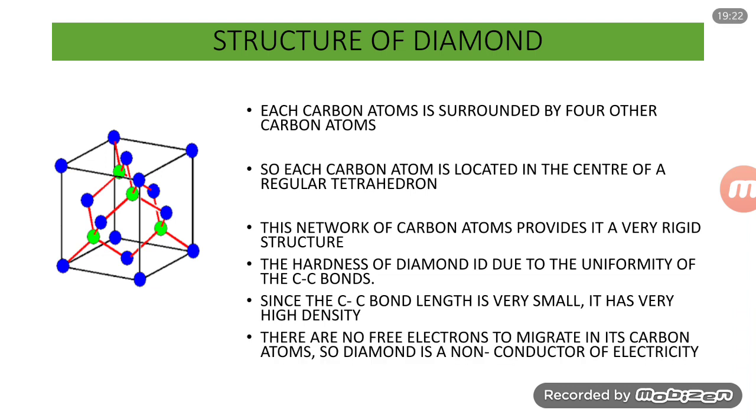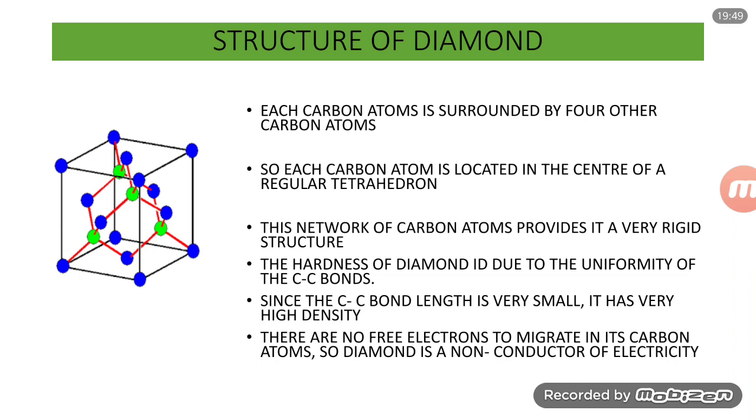There are no free electrons to migrate in its carbon atoms, so diamond is a non-conductor of electricity. This point is very important. In the formation of the diamond, the 4 valence electrons of each carbon atom will all be involved in the formation of covalent bonds.